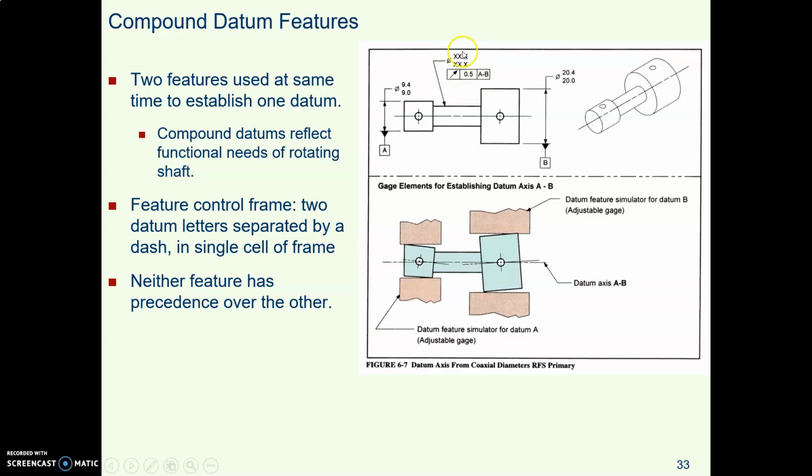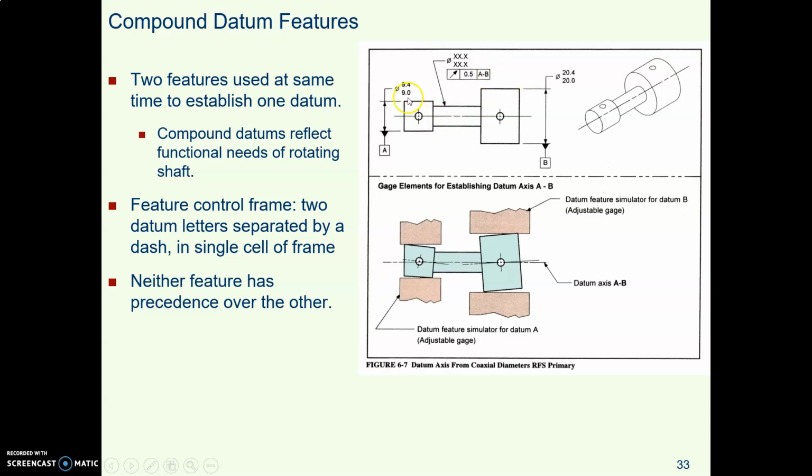So this symbol on the drawing is called runout. That's where you rotate the part and you put a dial indicator on there and watch the needle go up and down as you rotate the part. This says hold the part with a compound datum, A-B.